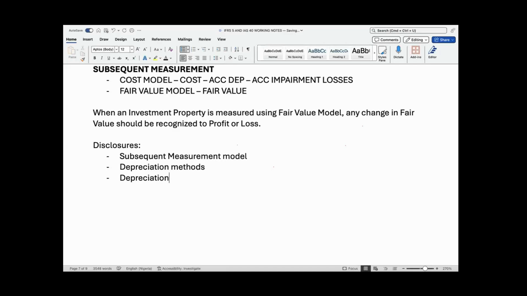What are the depreciation rates that you're using? And also how you determine the market price or the fair value of the assets. Also, if there are ancillary services, you need to explain to us how you determined ancillary services that are significant.